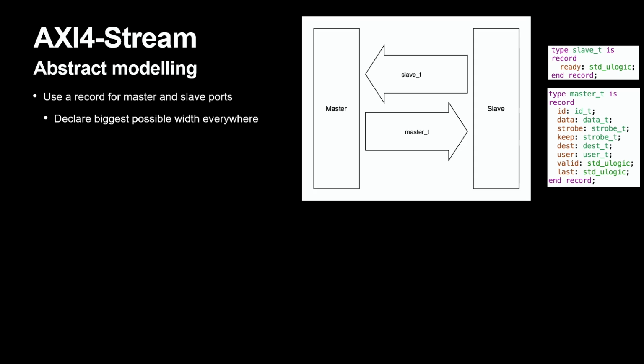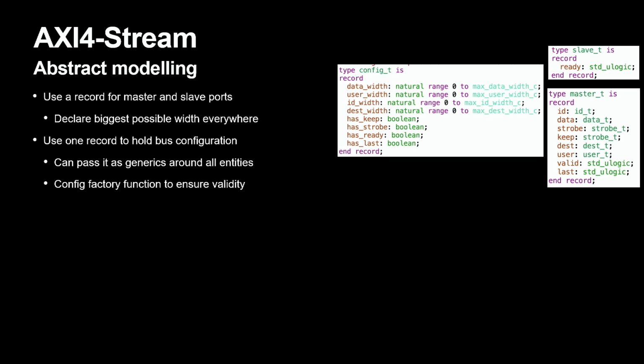So you end up having ports that are overly big, that can hold any type of configuration. And then you add a configuration record as well to say what subset of this overly big signal I will actually use in my model.